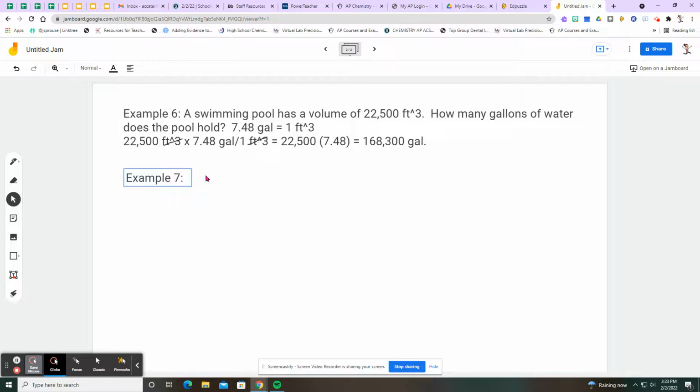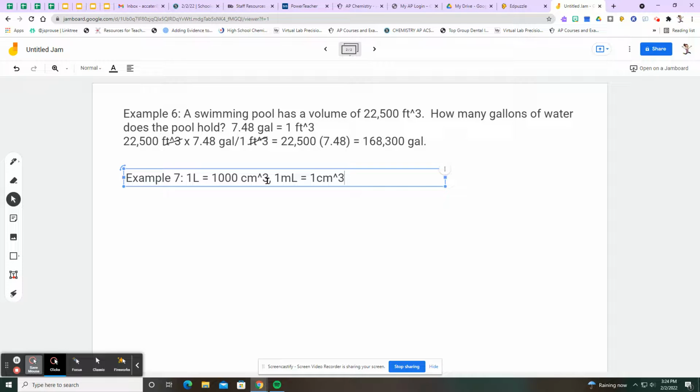What you do need to memorize is that 1 liter is the same thing as 1,000 centimeters cubed. I do want you to memorize that one because it's a pretty easy one to use. Another way of saying that same thing is that 1 milliliter is equal to 1 centimeter cubed.